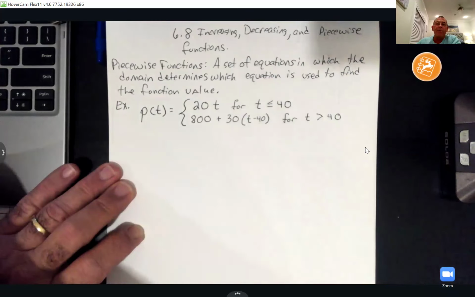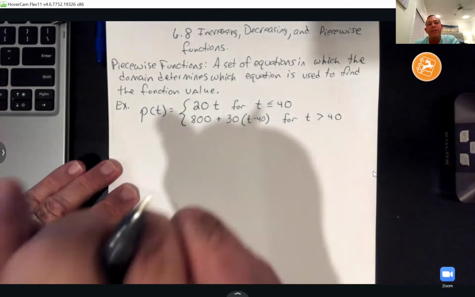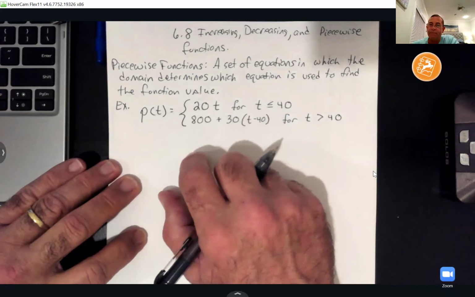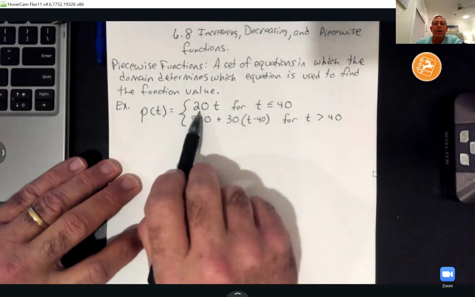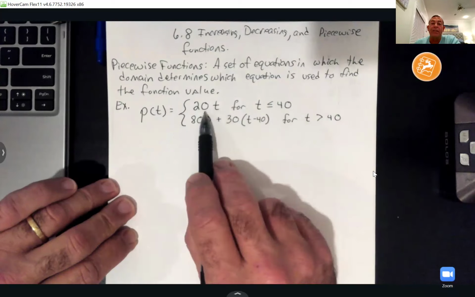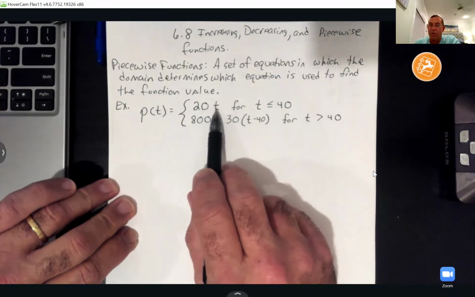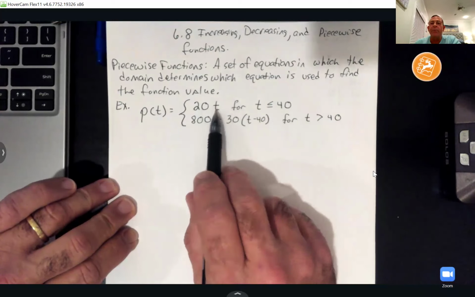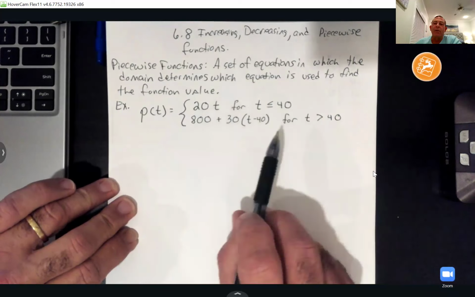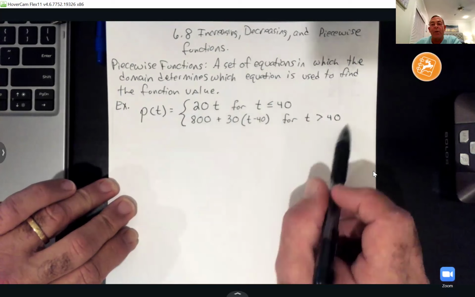So y'all, let me explain what I got here. I got a set of equations that someone would use if they made $20 an hour. So if you work up to 40 hours, your pay is determined by $20 times the number of hours you work. And we would use that all the way up to 40. Now, overtime happens when you work over 40 hours.